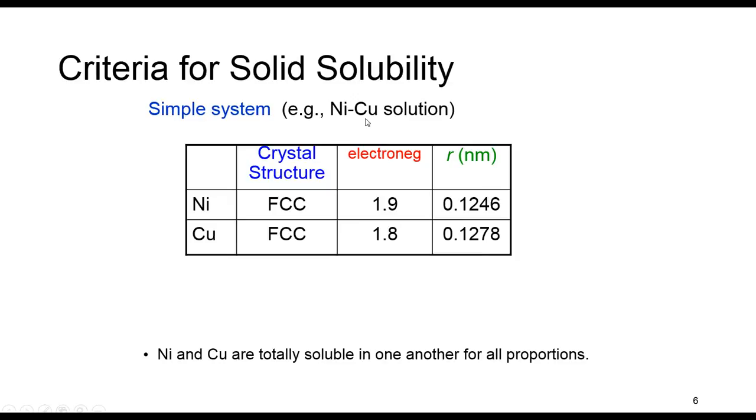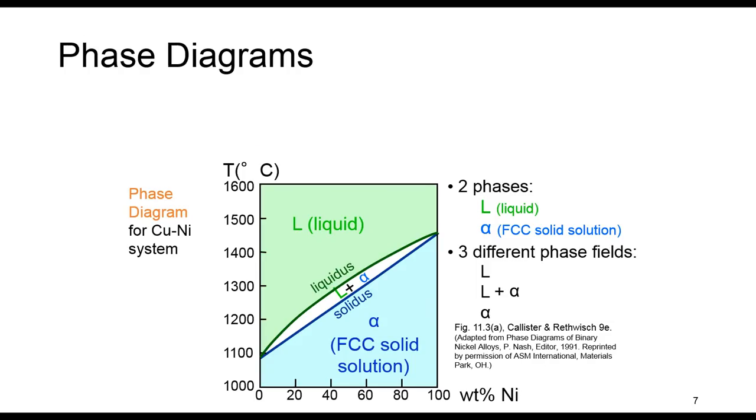As an example, in a nickel copper solution, because both have the same type of crystal structure, very close values of electronegativity, and very similar and close values of their atomic radii, we can conclude based on the Hume-Rothery rules that there is high mutual solubility between these two atoms, so we expect Ni and Cu to be soluble totally in one another for all proportions.